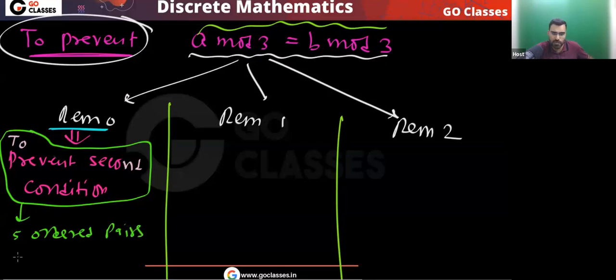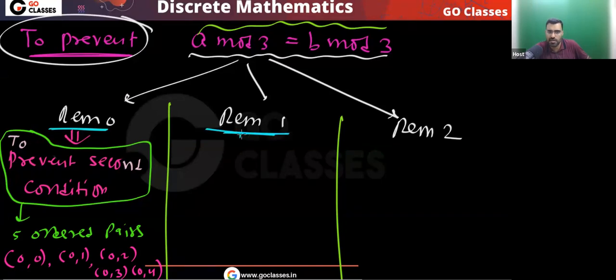What will be these 5 ordered pairs? They will be something like (0,0), (0,1), (0,2), (0,3), (0,4). Understood?